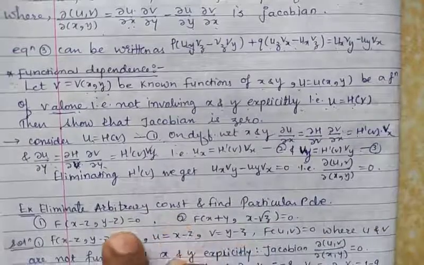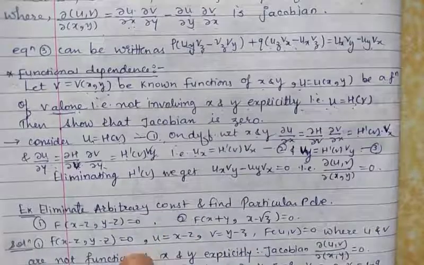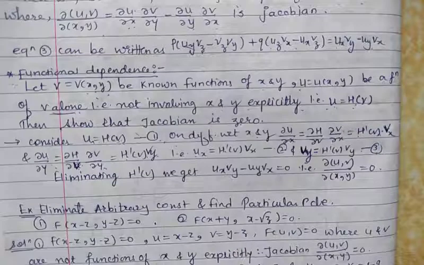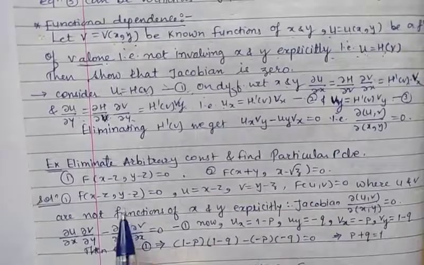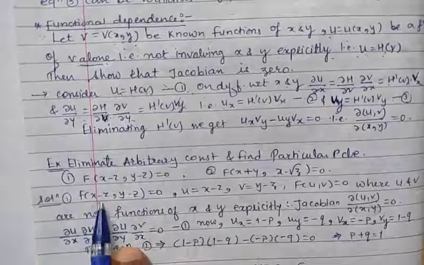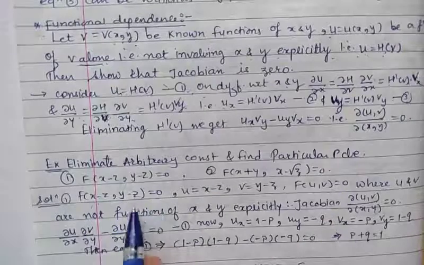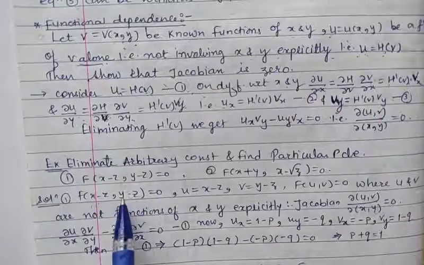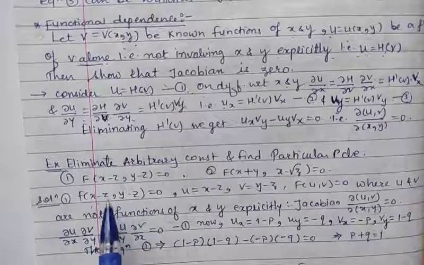Now to eliminate the arbitrary constants from these equations, let's find out the partial differential equation. Now let's see, in this example, f of x minus z comma y minus z is equal to 0. So here I will call this f as a function of u and v, and u and v are functions of x and z.